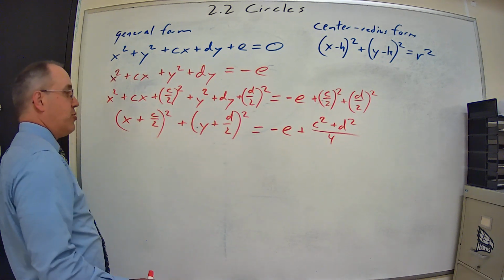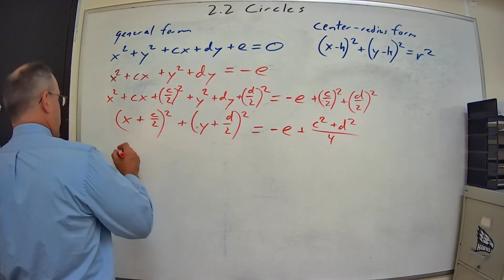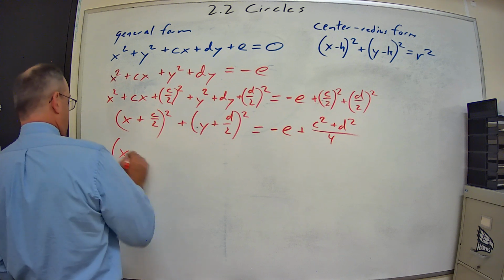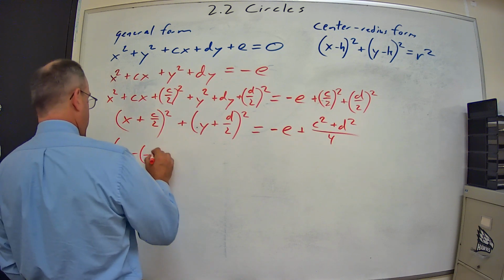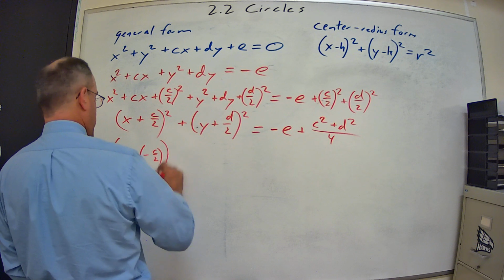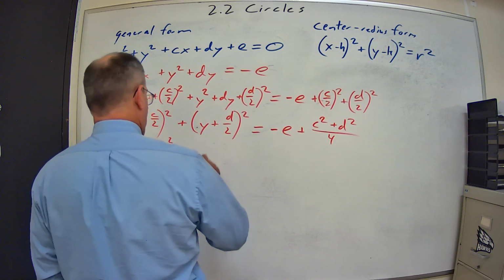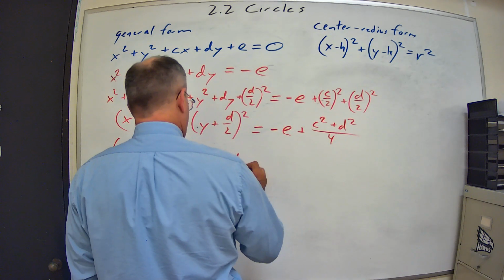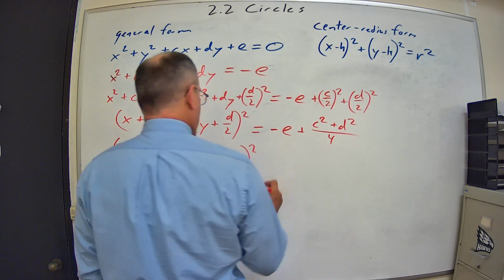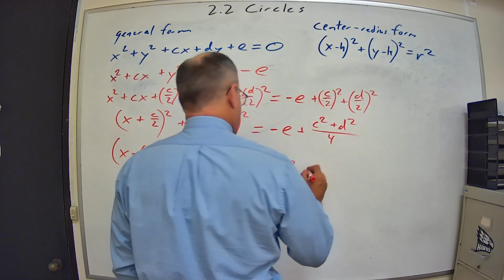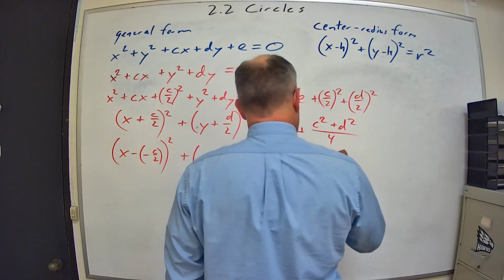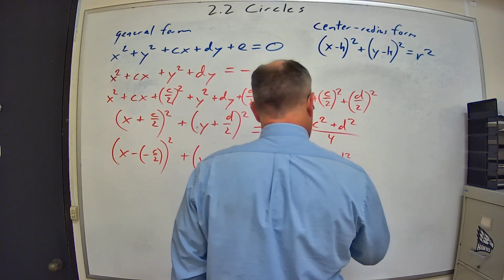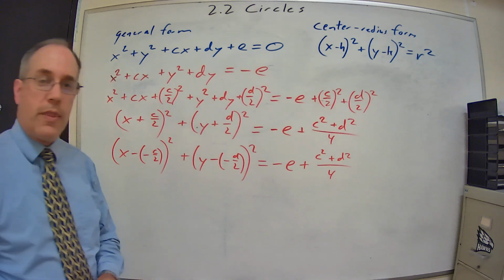And if I take this one step further, I can say that x minus negative c over 2 squared plus y minus negative d over 2 squared is equal to negative e plus c squared plus d squared over 4.